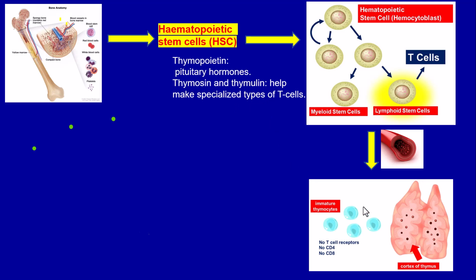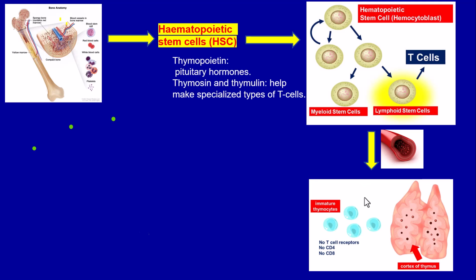The T lymphocytes originally generated in the bone marrow are attracted by these hormones and chemicals to the thymus, and then develop or mature into specialized types of T lymphocytes.